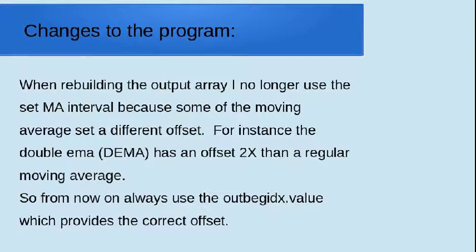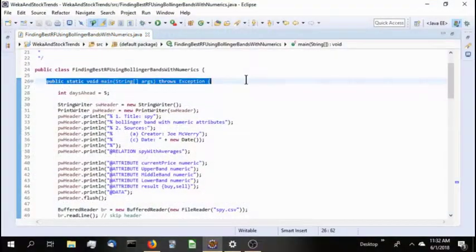But because some of the moving averages that we will be using generate a different offset, for instance the double EMA and triple EMA, the offset is not the same as the interval that we passed. So what we'll be using from now on is the outbeg object, and in that object is an attribute called value, which gives us the true offset. Alright, back over to the editor, and we'll go through what's been changed.